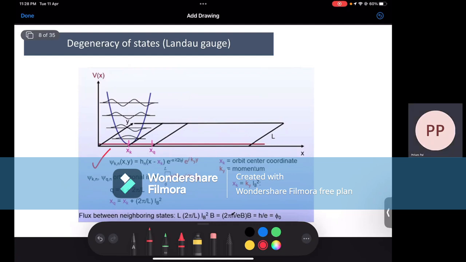How many of these states do I have in the y direction? Let's say my sample is L units deep into the board.